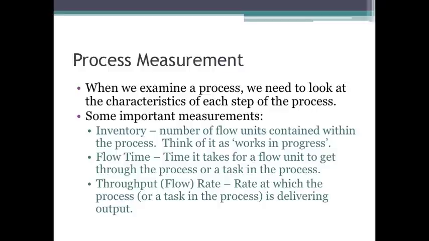If it's an inventory step, it's the number of items that are stuck at that location. If it is a process step, and this is what we deal with more often, this is the number of items that we can work on at one time. So think of this as work in process. This is how much we're getting done at one time, how many items we can work on at one time.